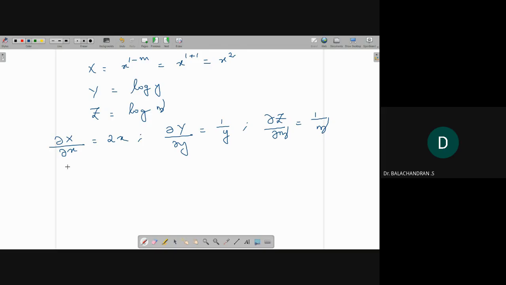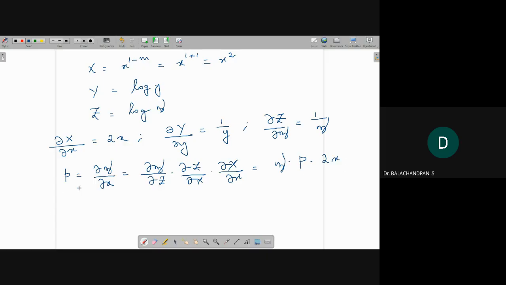So now we need to introduce the partial derivatives. Small p is dou z by dou x. Here I'm using x, y, z, so I need to divide first by dou capital X and multiply by capital Z. Dou capital X by dou small x is 2x. So this is capital P, and this is 2x.